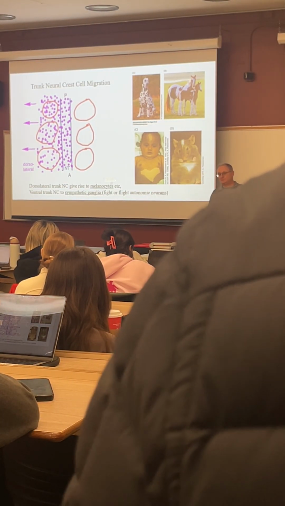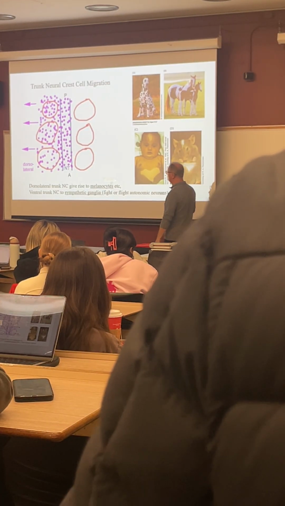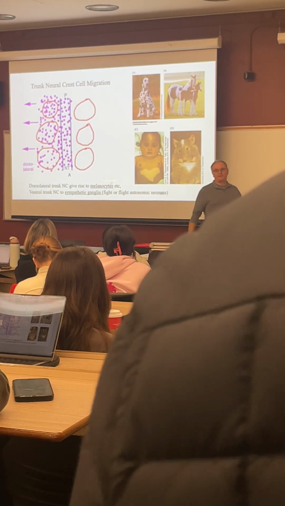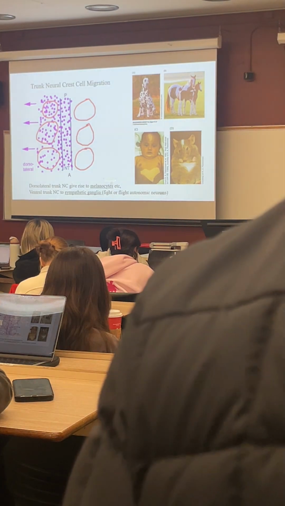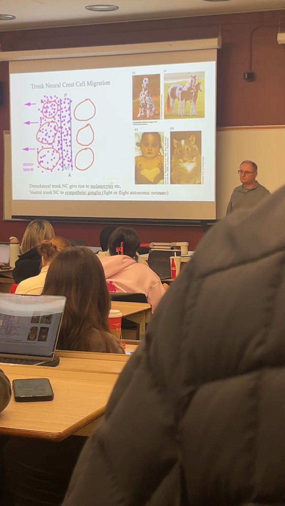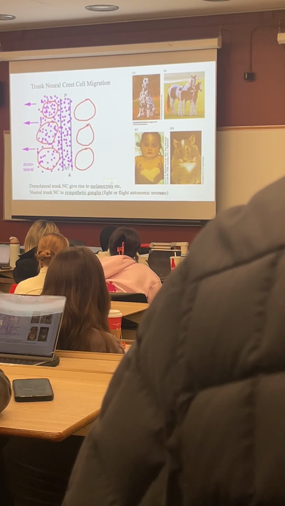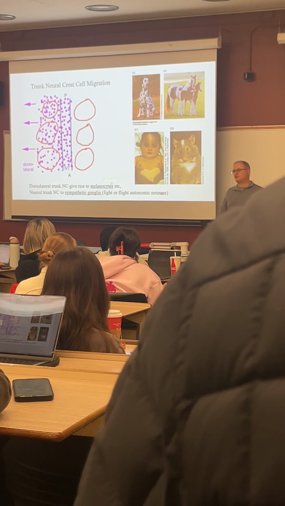Dorsolateral neural crest cells are going to give rise to several things. One of the things they're going to give rise to is melanocytes. So all the pigment stuff came from neural crest cells that migrated dorsolaterally. Okay, and things are quite conserved. The migration routes are quite conserved, and the genes that regulate things are pretty conserved.